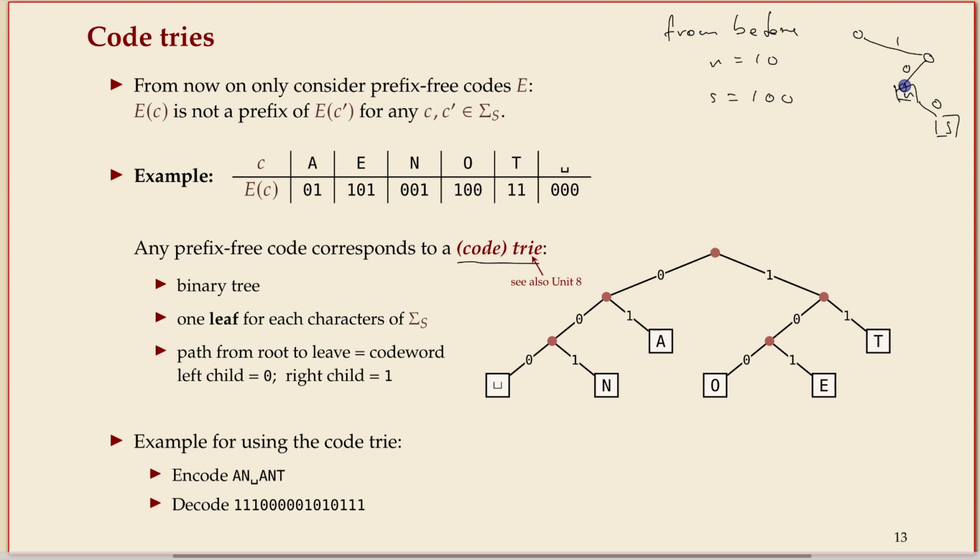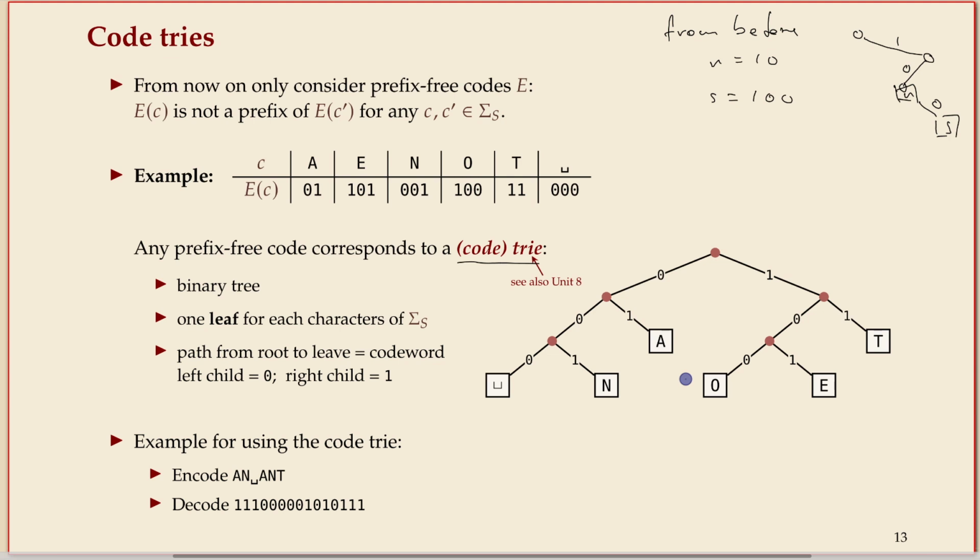Vice versa, if all the letters are only allowed in the leaves of this tree, we definitely have a prefix-free code. That's why we often represent these codes as a code trie, because then it's obvious that they're prefix-free.